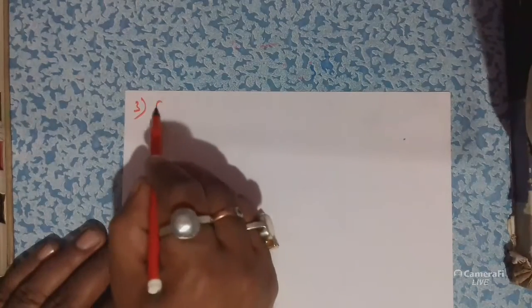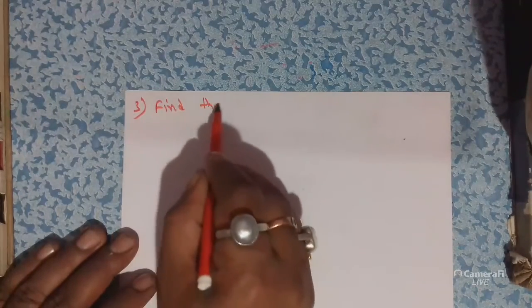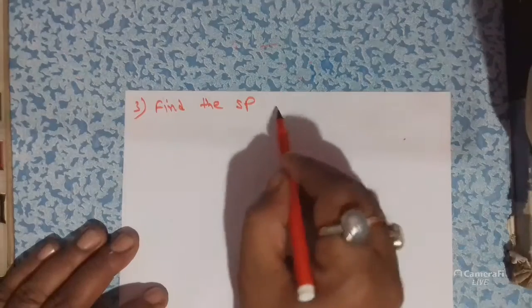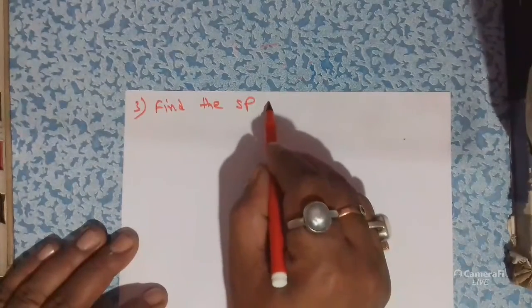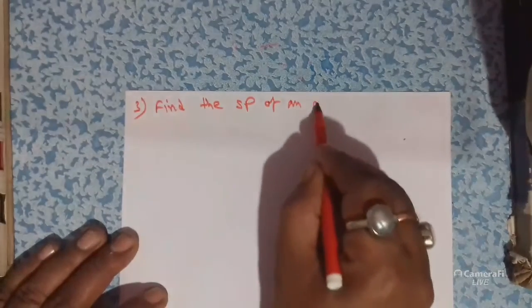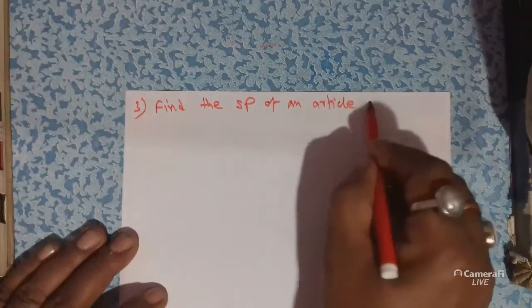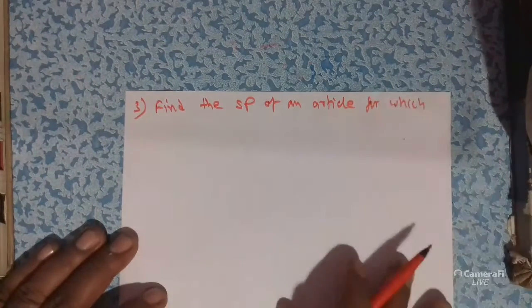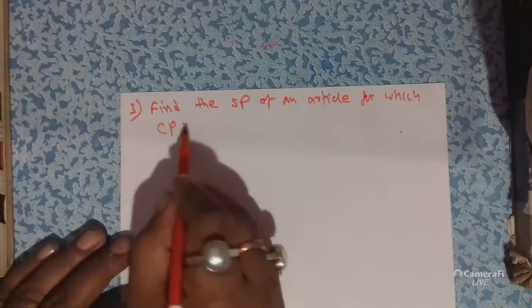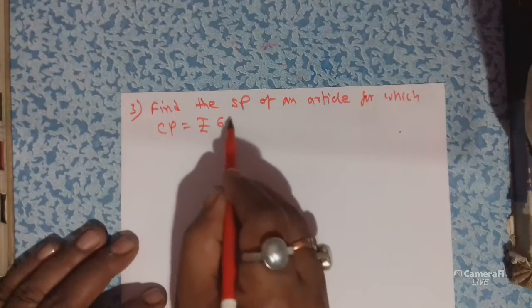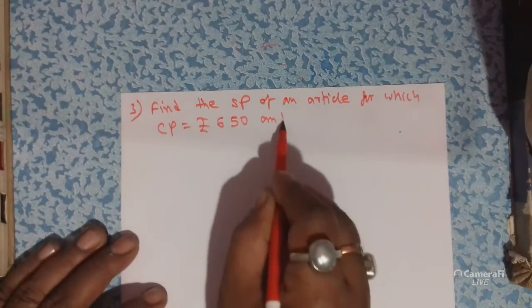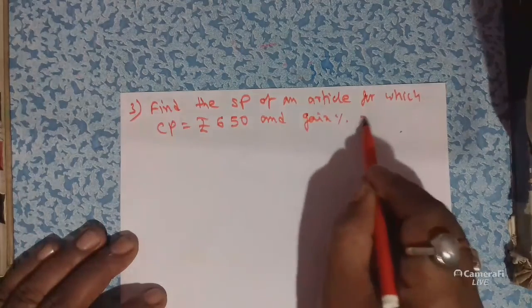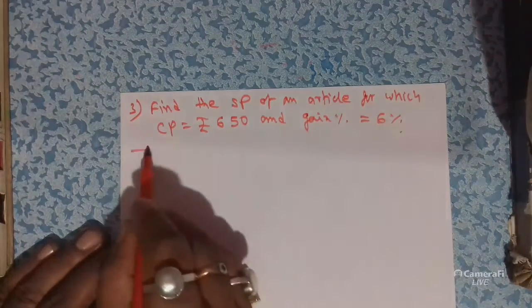Find the selling price of an article for which cost price is equal to rupees 650 and gain percent is equal to 6%.